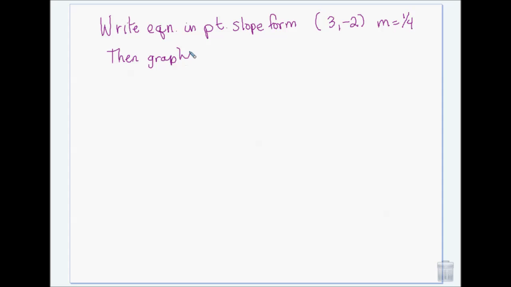Well, the point slope form again is y minus y1 is equal to m times x minus x1. So y and x just stay y and x.